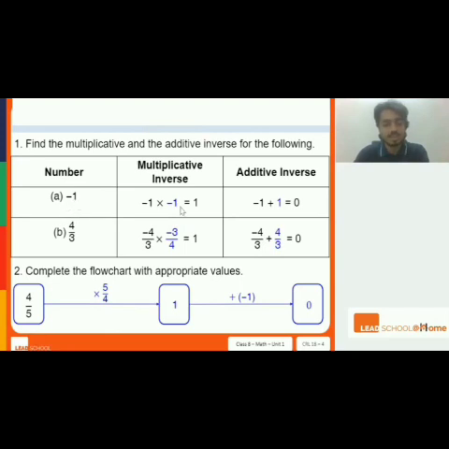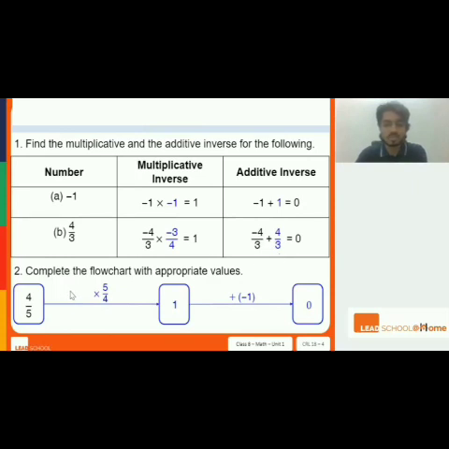The multiplicative inverse of -1 is -1 because when we multiply them we get 1. The additive inverse of -1 is 1 because on adding them we get 0. For -4/3, the multiplicative inverse is -3/4 and the additive inverse is 4/3.